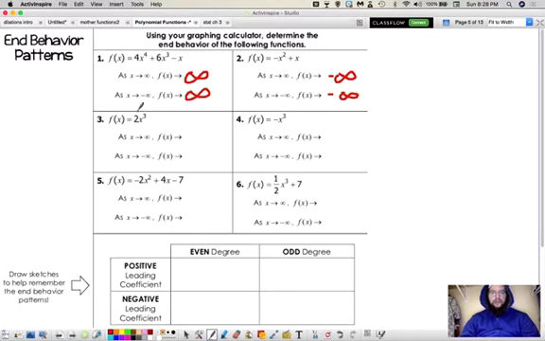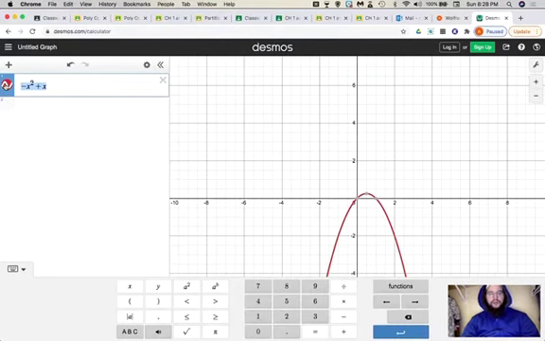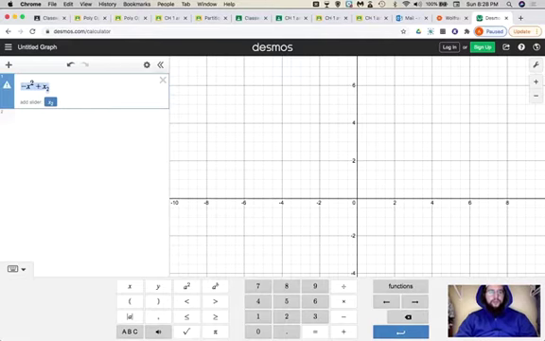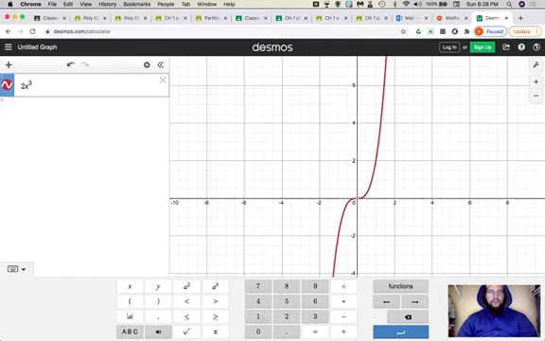Okay. 2x cubed, let's check that one out. And notice you do not have to put the y equals. You can, though. You can put f of x if you want to. I forgot what my numbers were. 2x cubed. That's it. Okay.